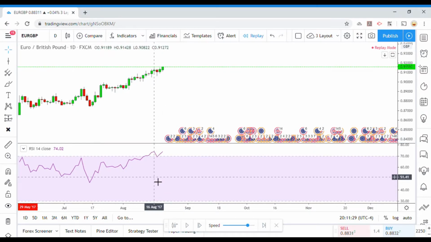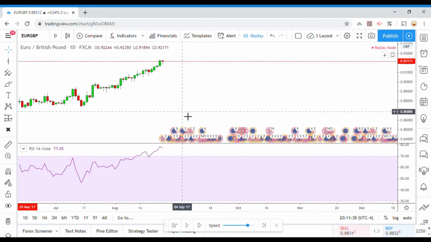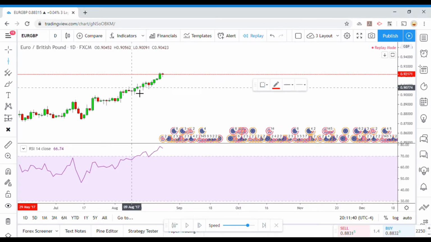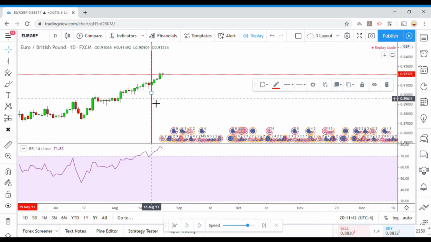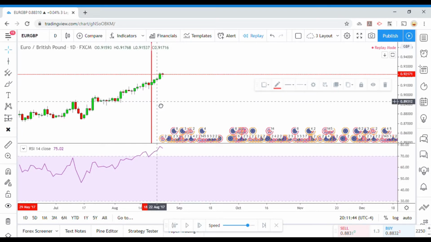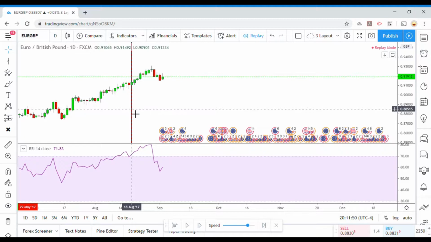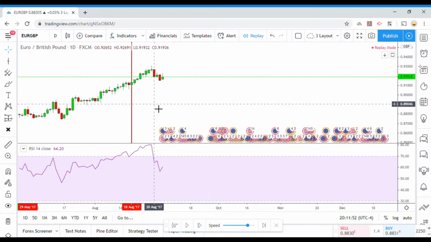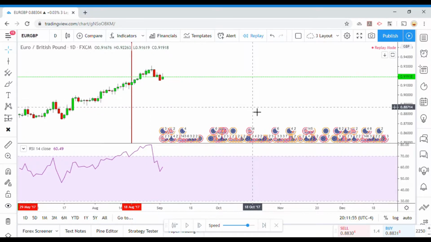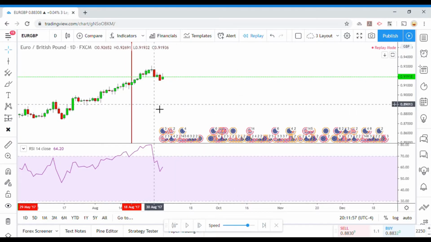Forex, realistically, yeah, that went out, that came back in there. Close of that candle would have put us on that one. And bummer, that would have been a loss. Forex technically does not have an overbought and oversold.